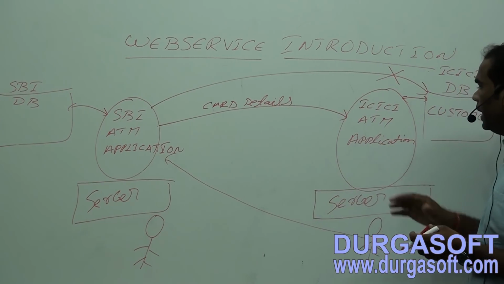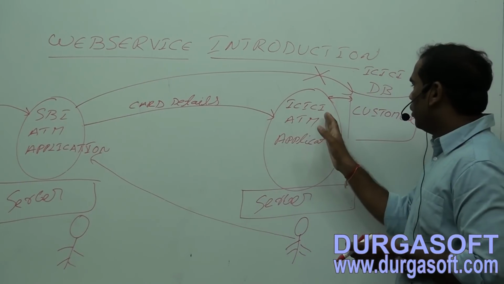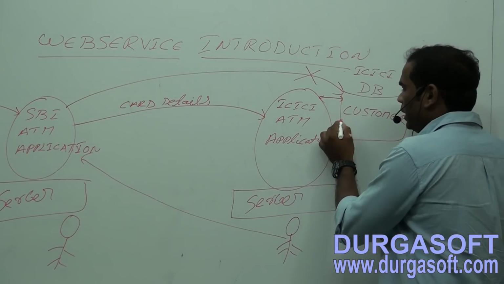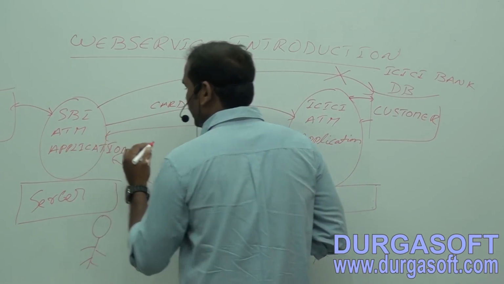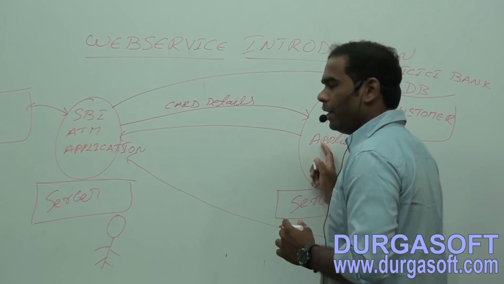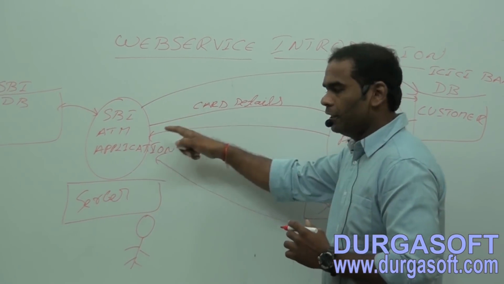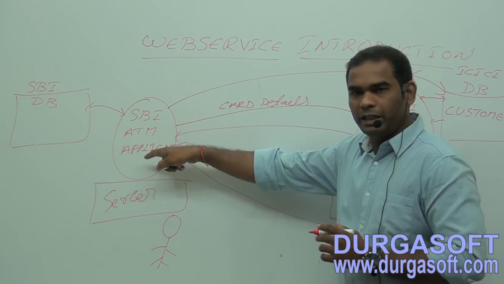So this ICICI ATM application, based on this card number, will pull the customer details. Now those customer details are sent to this SBI ATM here.